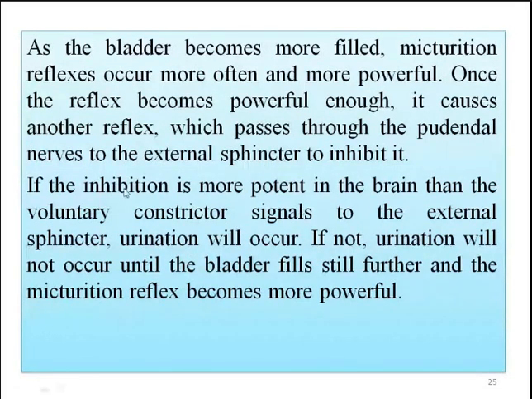If the inhibition is more potent in the brain than the voluntary constrictor signals to the external sphincter, urination will occur. If not, urination will not occur until the bladder fills still further and the micturition reflex becomes more powerful. So this micturition is controlled both by the micturition reflex and the external sphincter, which is under voluntary control.